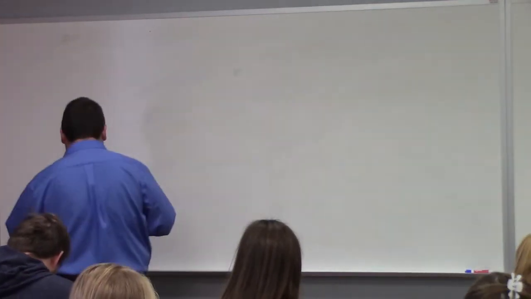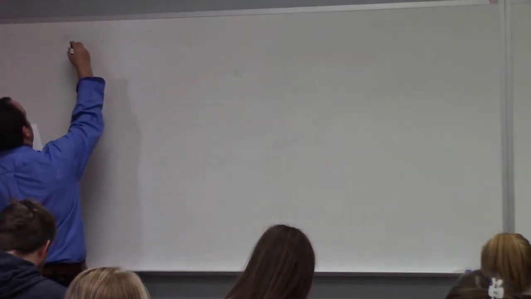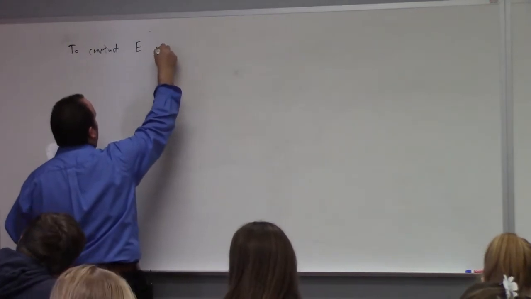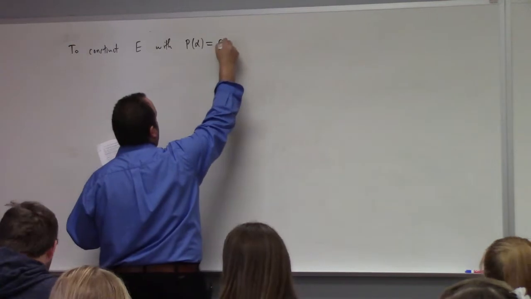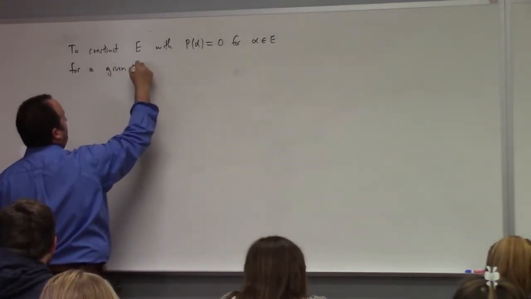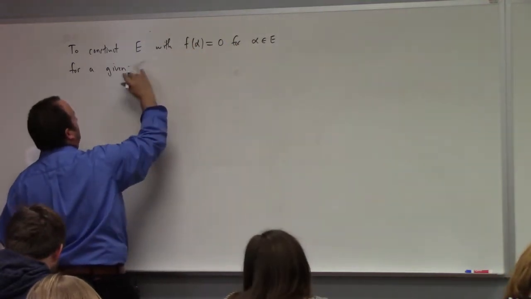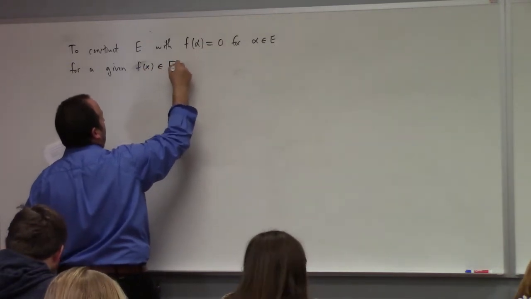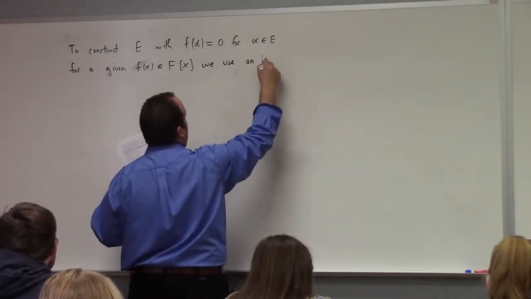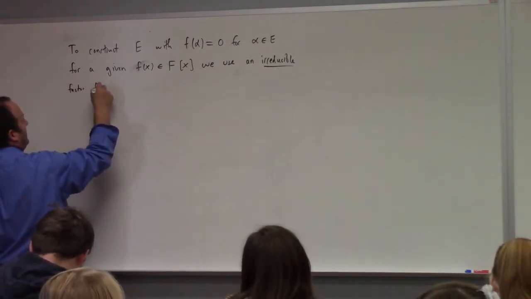Last time I shared the basic idea, which is to construct E with p of alpha equal to 0 for alpha in E, for a given f of x in polynomials over F. We use an irreducible factor of f of x.